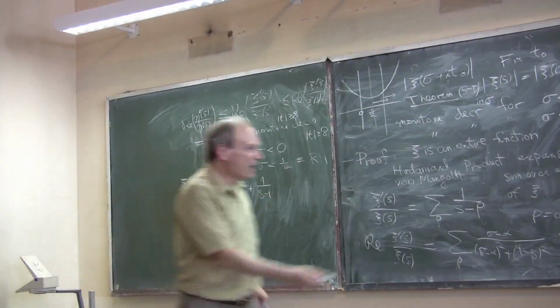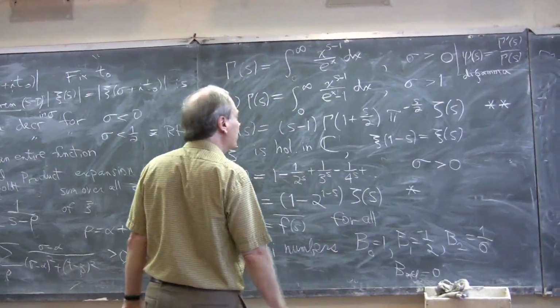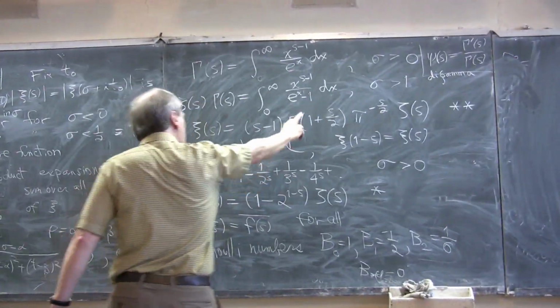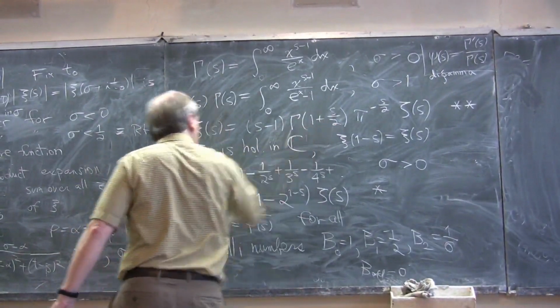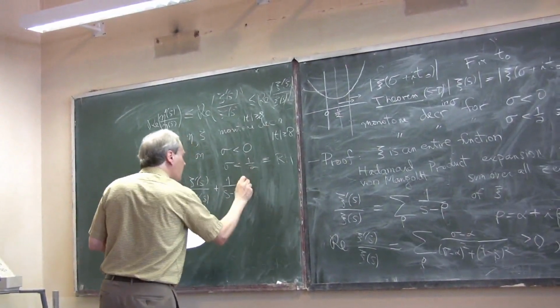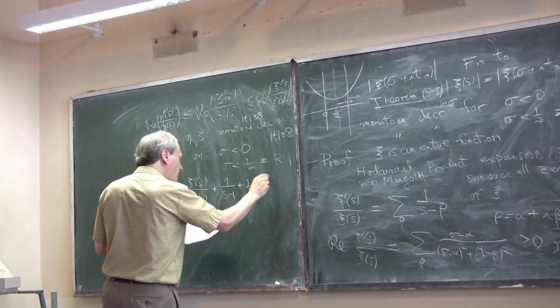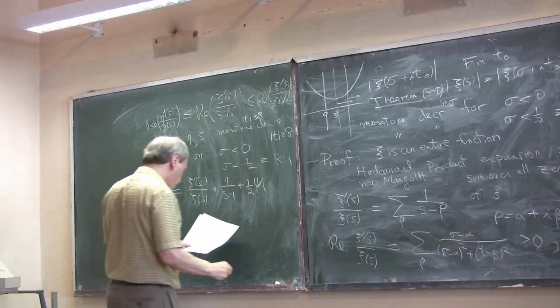So 1 over s minus 1 is just the logarithmic derivative of this guy. Then I get half the logarithmic derivative of gamma, so that's the digamma function, half of it. There should be 1 plus s over 2.